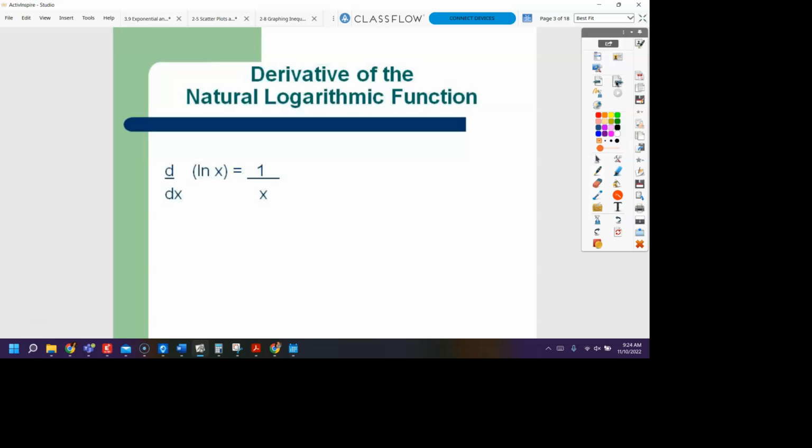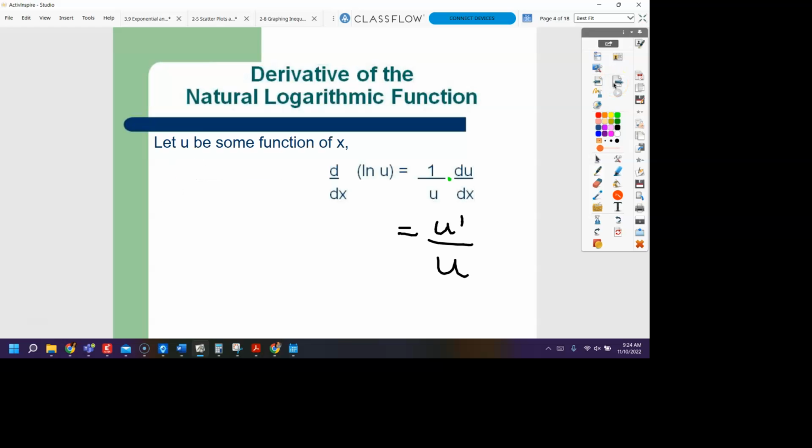However, if e was raised to something other than x, what did we do? Multiplied by the derivative of it. So guess what? If the inside function of ln x is something other than x, what are we going to do? If the derivative is natural log u, it's 1 over u times du dx, or u prime over u.